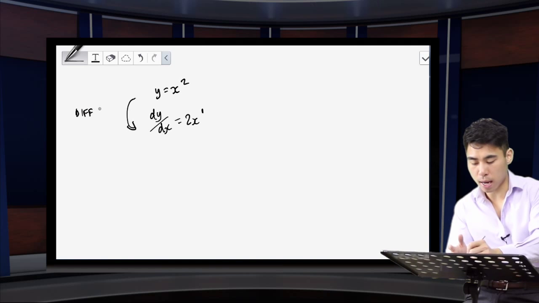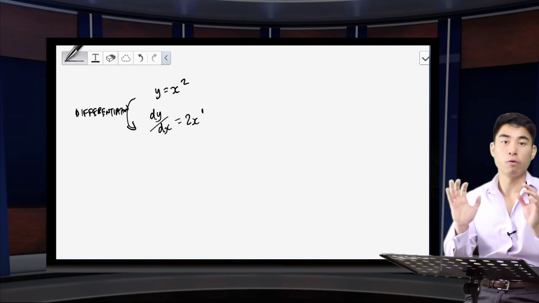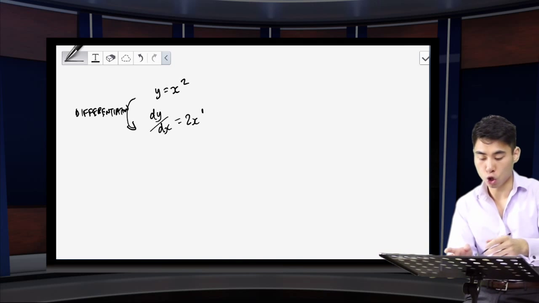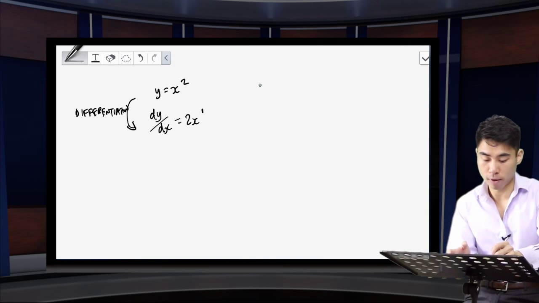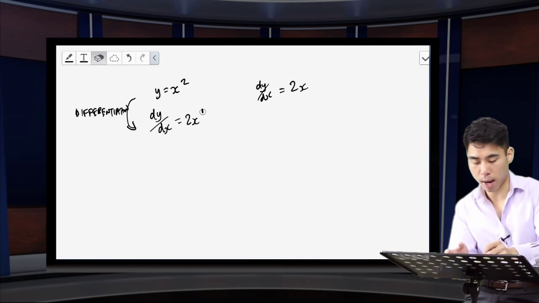Now, when I say integration is the opposite of differentiation, what I mean by that is that integration allows you to work out your original function from your gradient function, your first derivative. So say I was given dy by dx here equal to 2x. Just remember this 1 that I've got up here, you don't really need to do that.